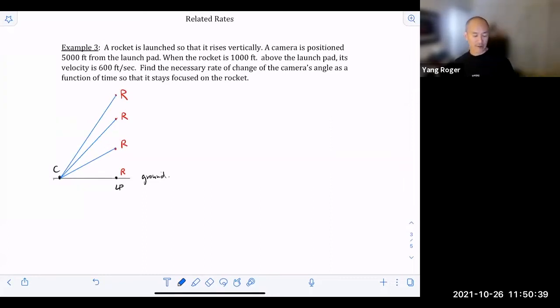So we get a series of pictures that look like this. And there's some angle theta between. So here's one theta, here's another theta that's changing, here's another theta that's changing. That angle gets bigger and bigger to keep track of the rocket, to keep the camera focused on the rocket. Does that make sense? Any questions?